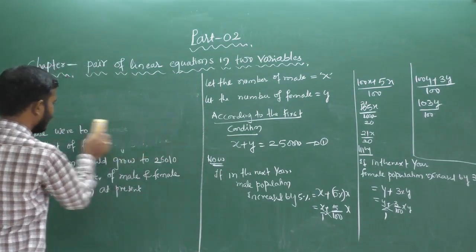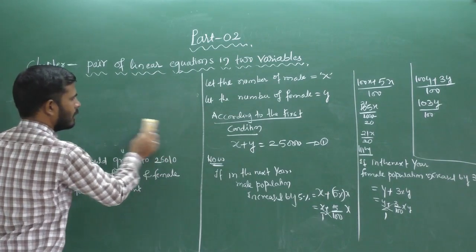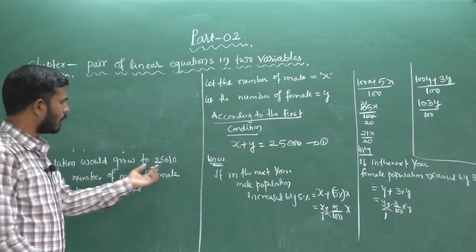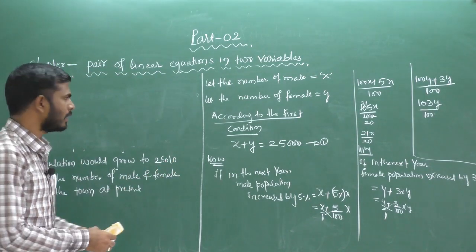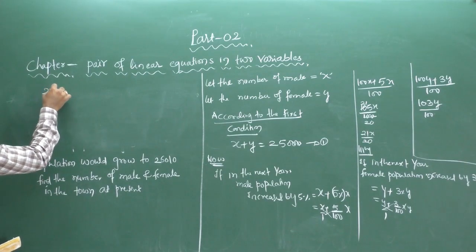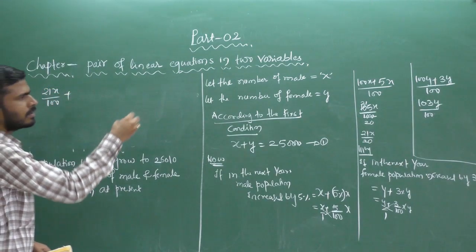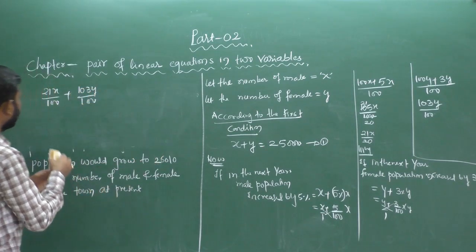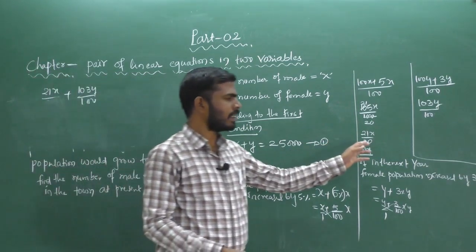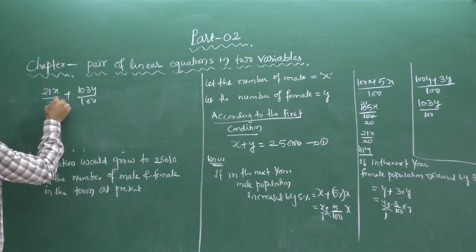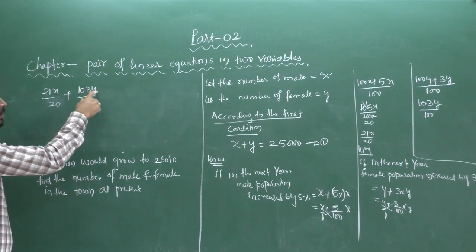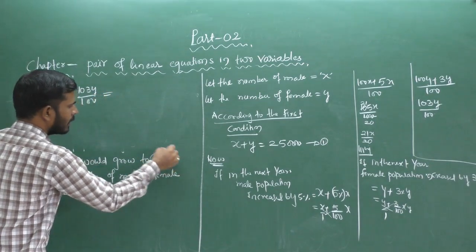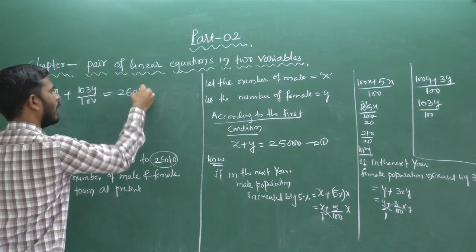Second one condition is given here. Suppose it is increased 5% in male and 3% in female, means the total population has grown to how much? 26,010. That's why I have to write here 21x divided by 20 plus 103y divided by 100 equal to total population given 26,010.